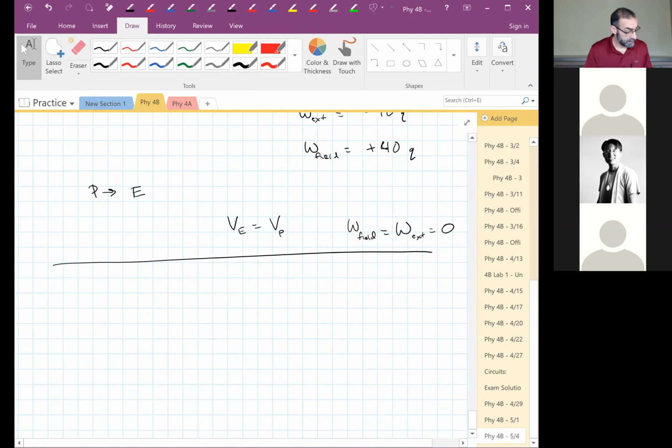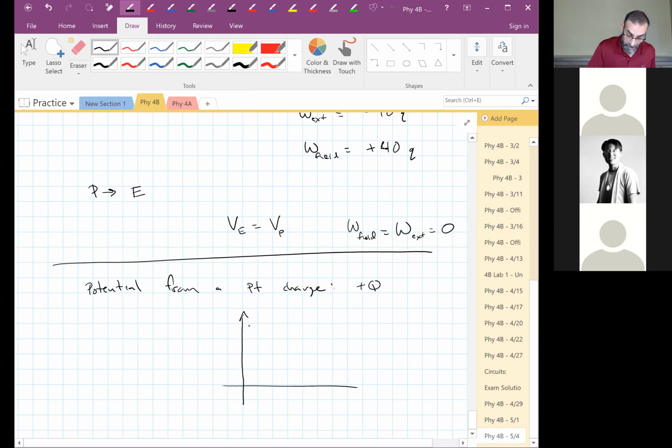Okay, so let's talk about potential energy a little bit. It's a good lead in there. If we draw our potential, we've got this 1 over r dependence, right?